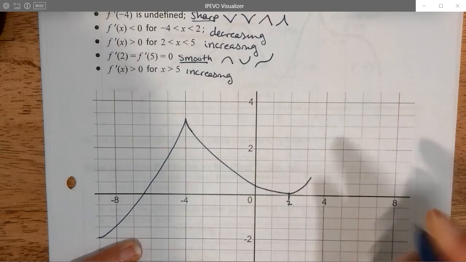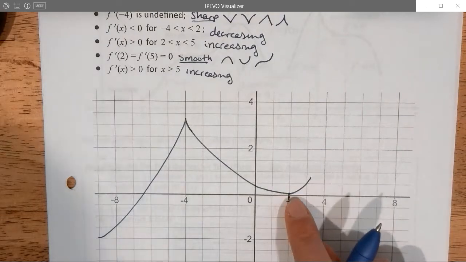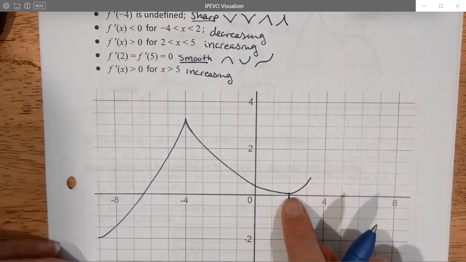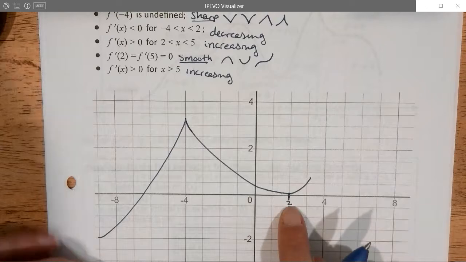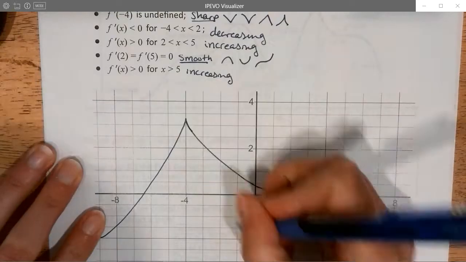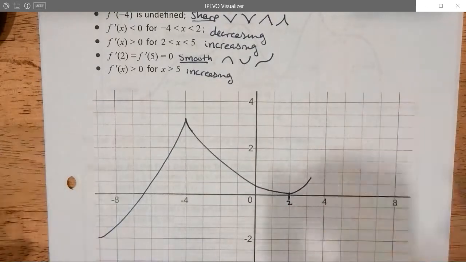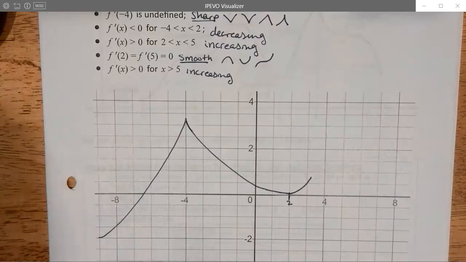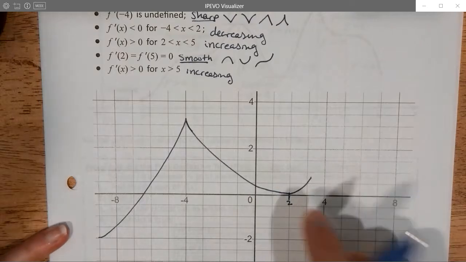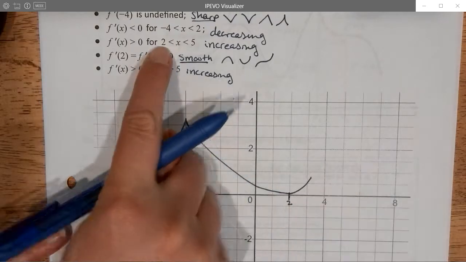And again, it doesn't matter what the y value was. The only reason I stuck it above the y-axis there is just so I didn't run into the number I put. Doesn't matter where it was. I could have pulled it all the way down and had some kind of turnaround. The y values right now are not relevant. The location is all I know, and then whether it's an extrema. Okay, so we're going to be increasing now. We have hit 2.